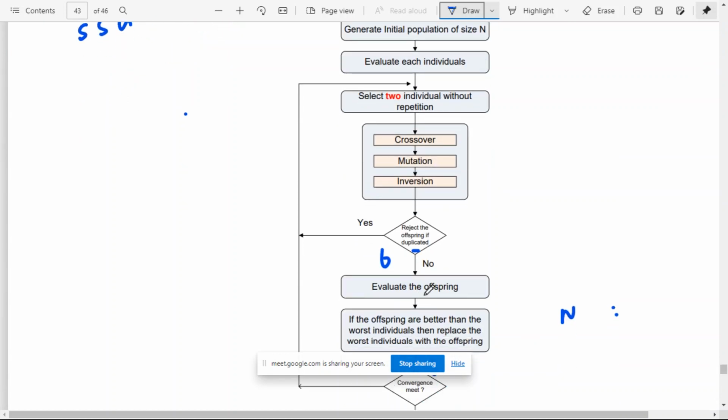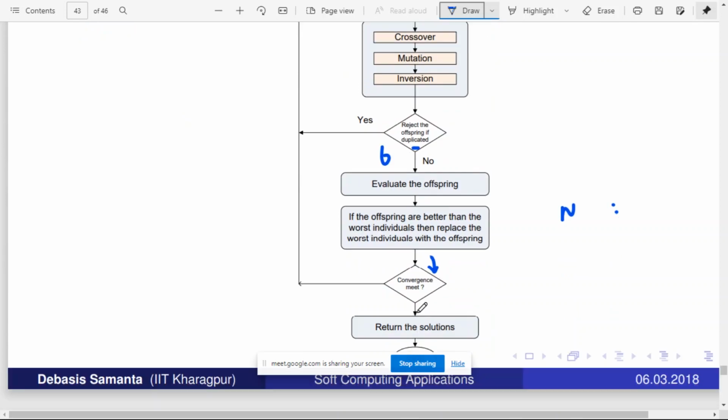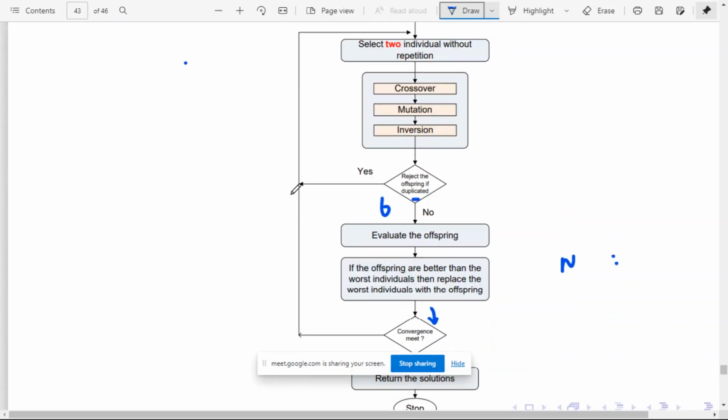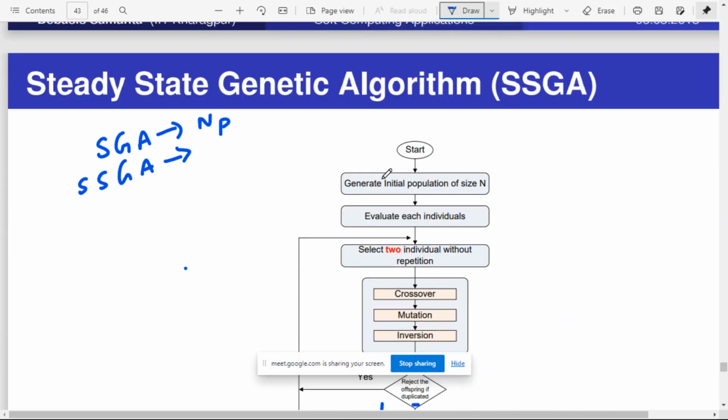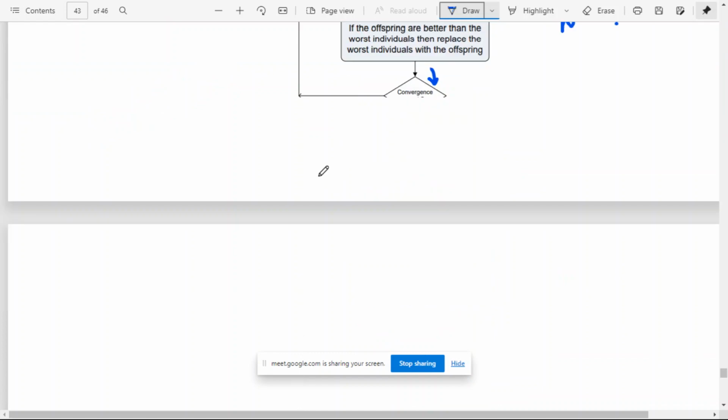If it's not a duplicate, we evaluate the offspring, and if the fitness score of the offspring is better than the worst individual, then the worst individual will be replaced with the newly created offspring, and then we check whether the convergence is met or not. If convergence is not met, then again we have to repeat the entire process, right? So this is the main difference between SSGA and SGA.